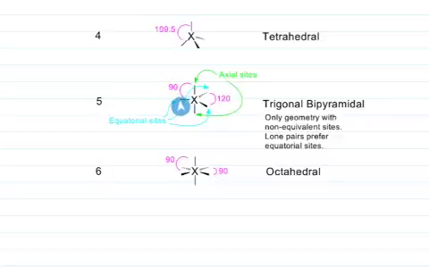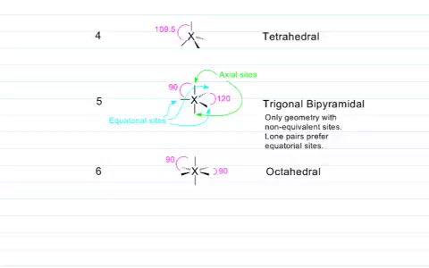Between the solid lines, it's going to be an angle of 90 degrees. Now, our equatorial sites are going to be this solid line right here and the broken wedge and the solid wedge, while our axial sites will be the top and bottom lines.